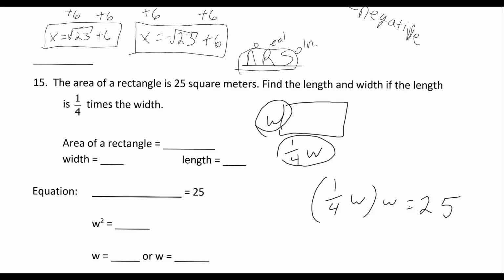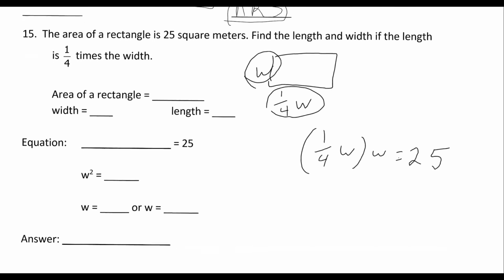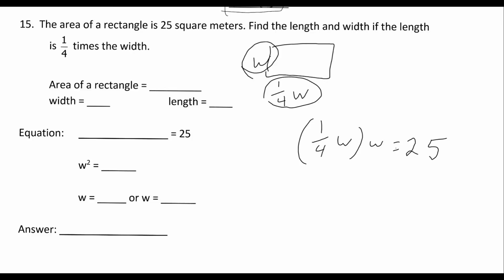What that gives me is 1/4 W squared equals 25. Now if I multiply both sides by 4 to get rid of that 1/4, that gives me W squared equals 100.